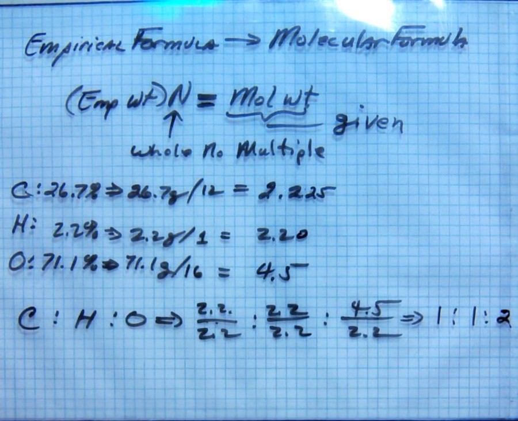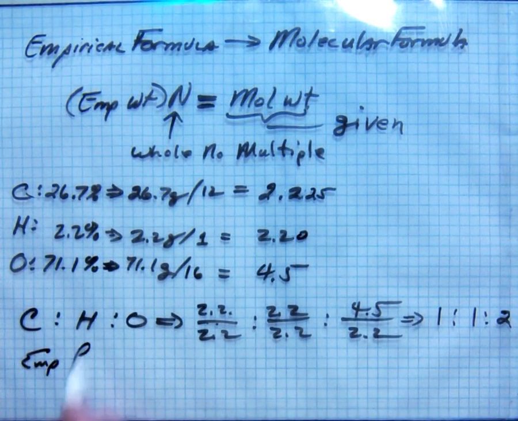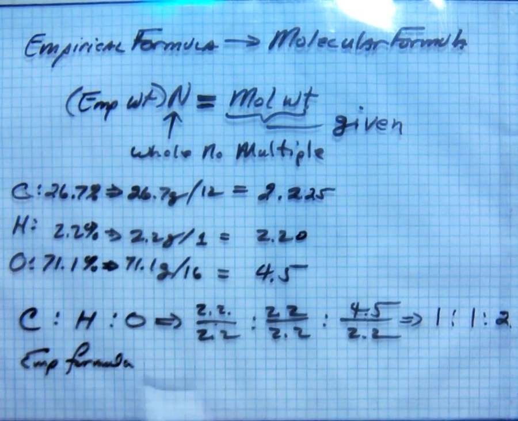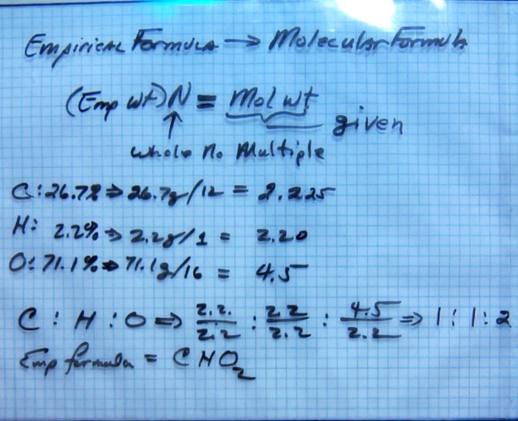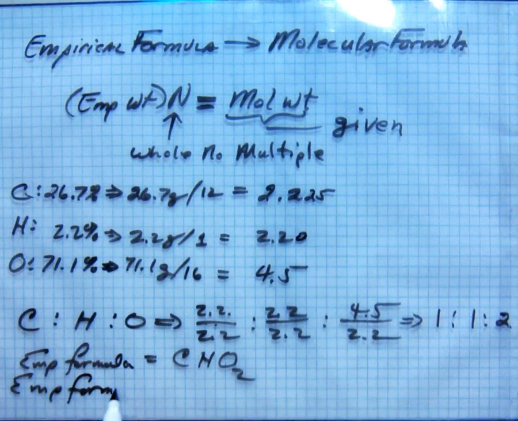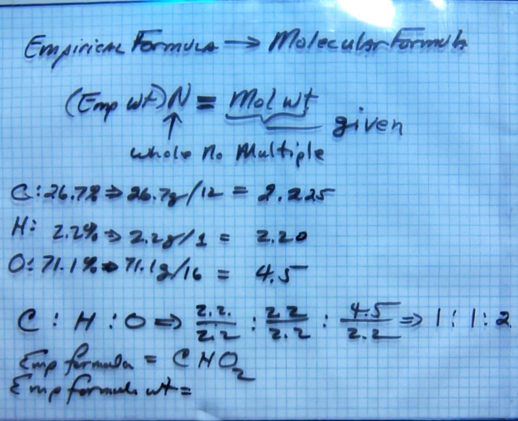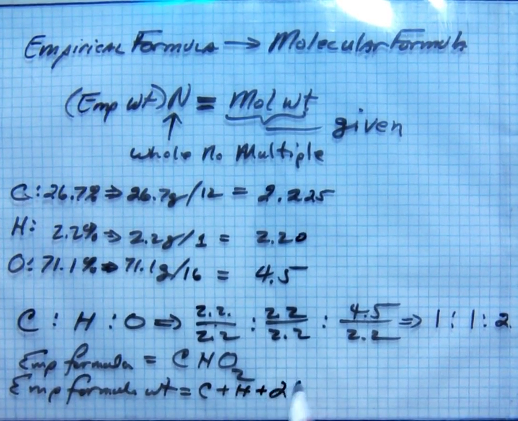So your empirical formula is equal to CHO2. Now the empirical formula weight is, of course, a carbon plus hydrogen plus 2 oxygens.